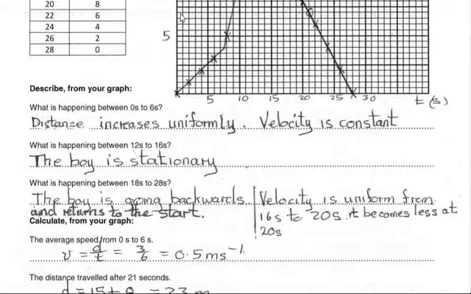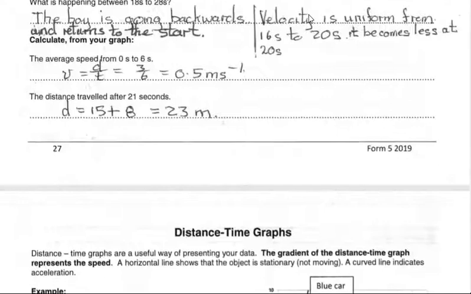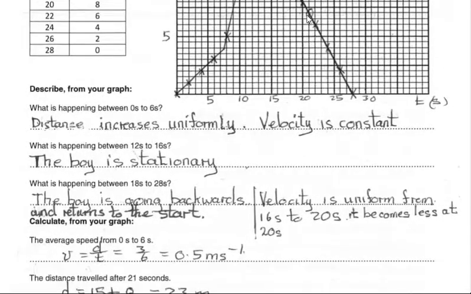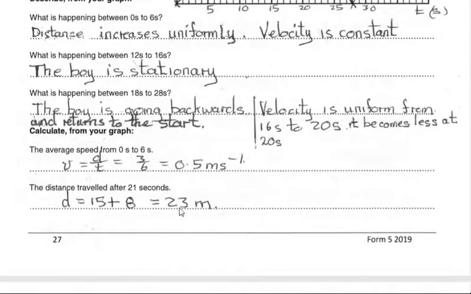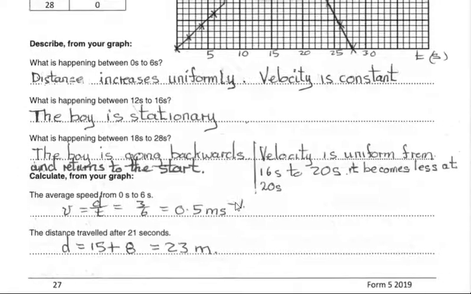So we go 6, 7. So a half base times the height is a half times 7 times 7. 7 times 7 is 49, and half of that we get 23. Okay, so 23 meters.